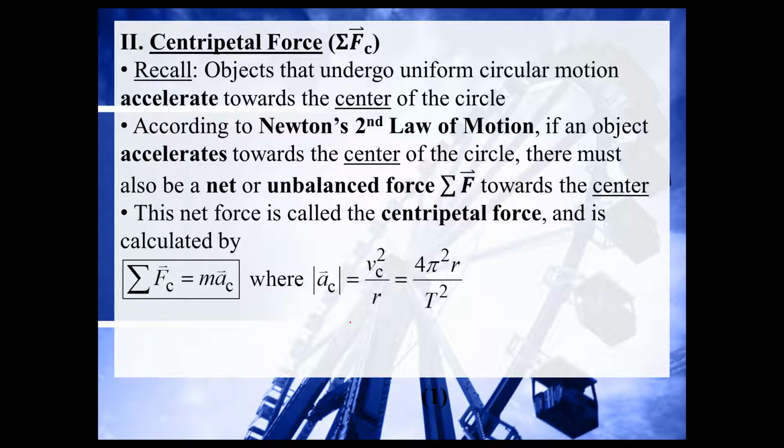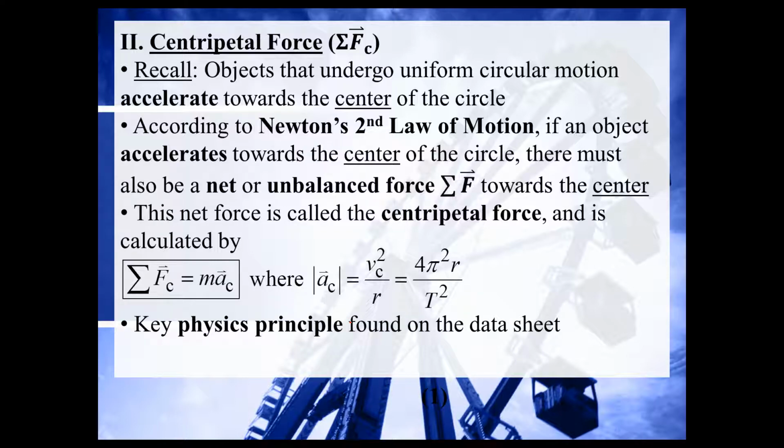We'll get into the examples in a moment. The only real difference is that there's one equation we can plug in for centripetal acceleration, which is your acceleration is either your speed squared divided by r, or 4 pi squared r over t squared.